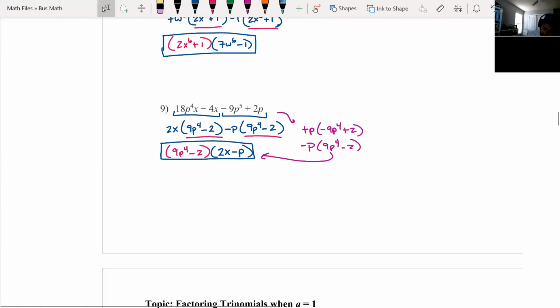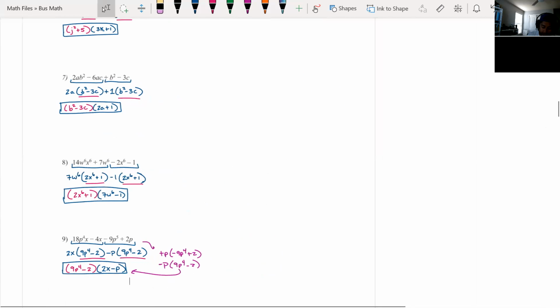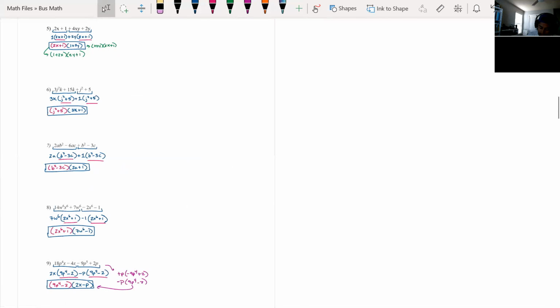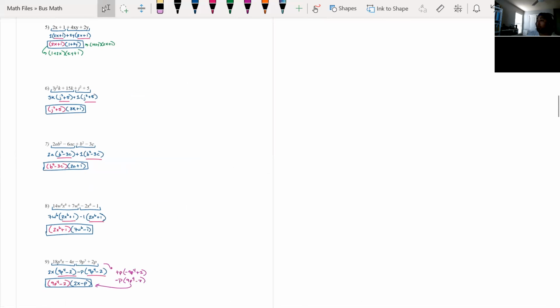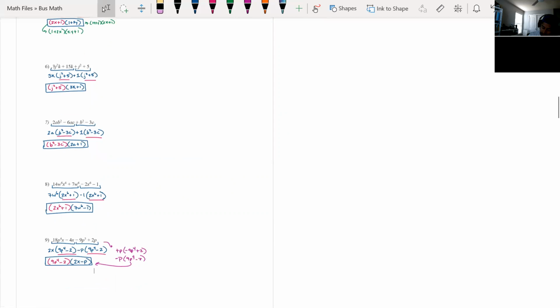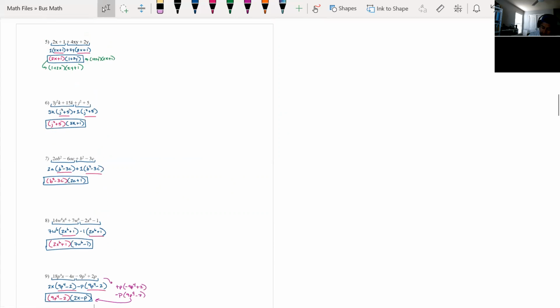Okay, cool. So that finishes factoring by grouping. We've done factoring by the greatest common factor. We've done factoring by grouping. Next, we'll get into factoring trinomials. But any questions on this page?